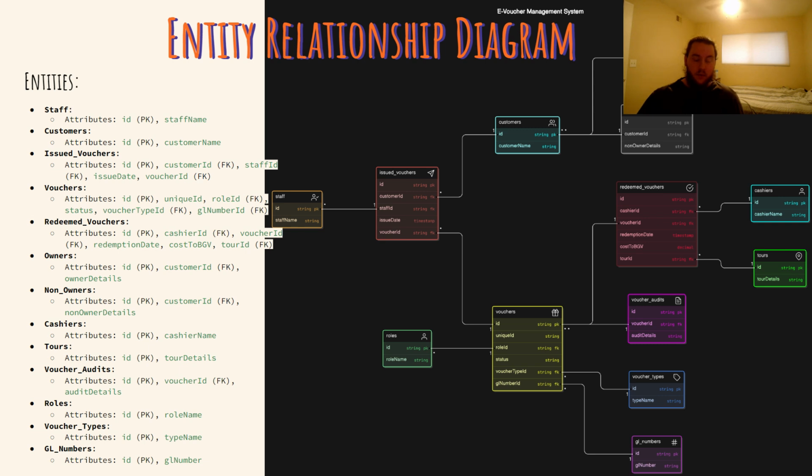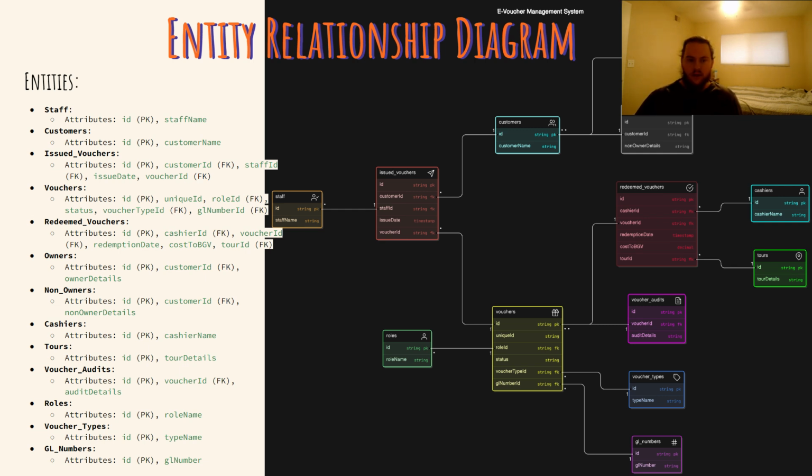Next is the roles entity, and the roles just categorize the different types of users, and admins, managers, workers. The next is the voucher type, and the voucher type entity basically just categorizes the different types of vouchers, because it might be a voucher for the restaurant or for the spa.